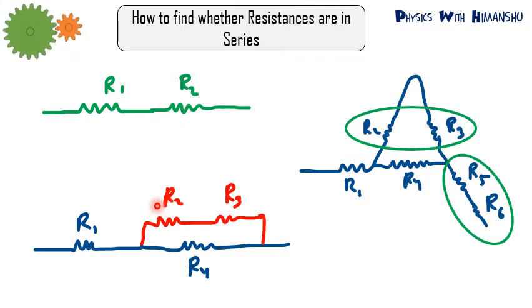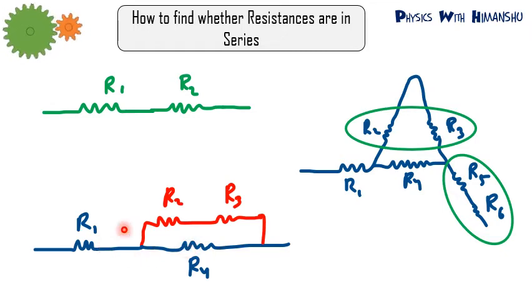Now coming to this figure. Suppose some current enters R1, it will come outside of R1. Now the current can go in the upper line also and in the bottom line also. At this point, there is a connection between R1 and R4, this red wire. So R1 and R4 cannot be in series.